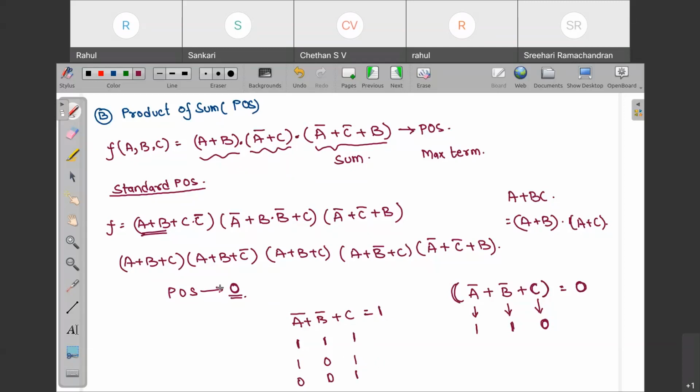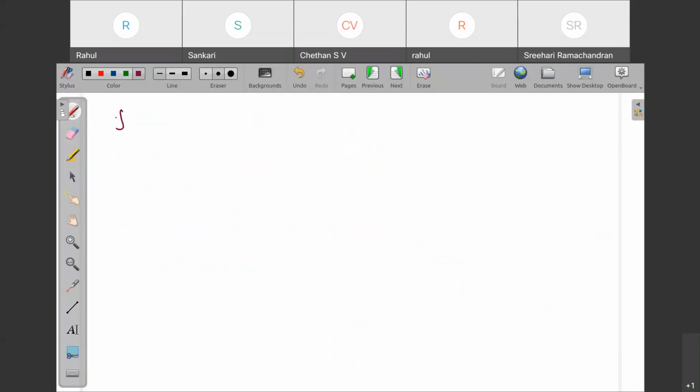Something in chat? Sir, sometimes they don't mention the MSB, then by default we always take the pattern written. Yes, obviously, if they have written F A B C, and they haven't mentioned anything about MSB or LSB, then this is MSB, this is LSB.